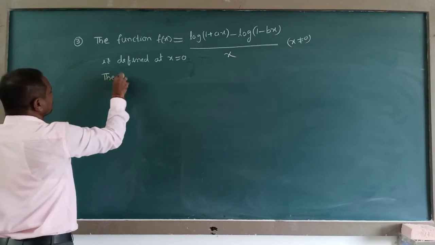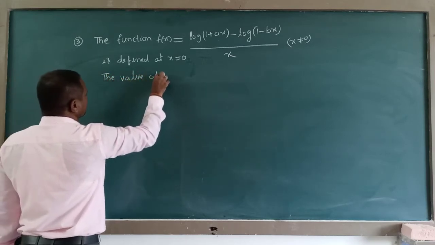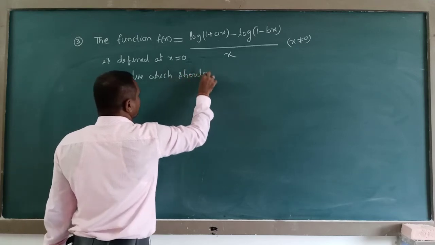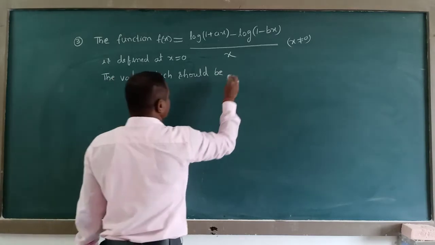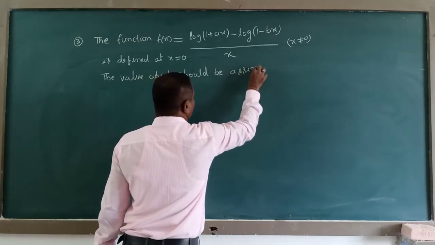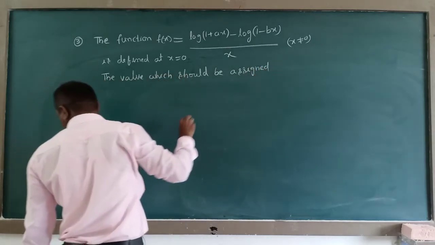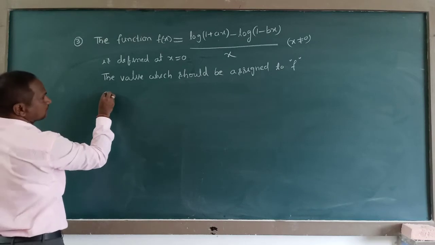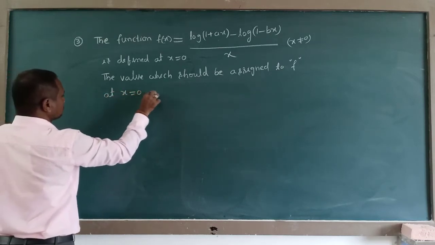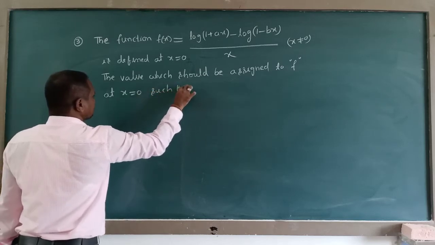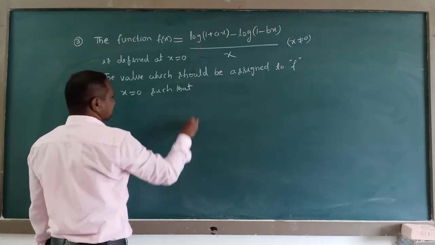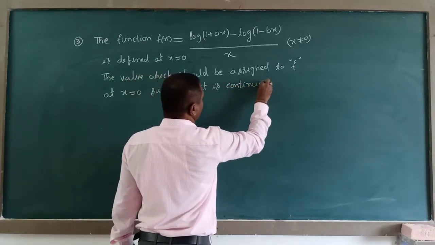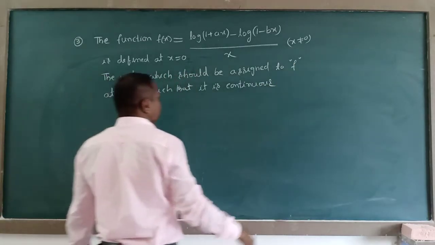assigned to f at x is equal to 0 such that it is continuous at x is equal to 0.